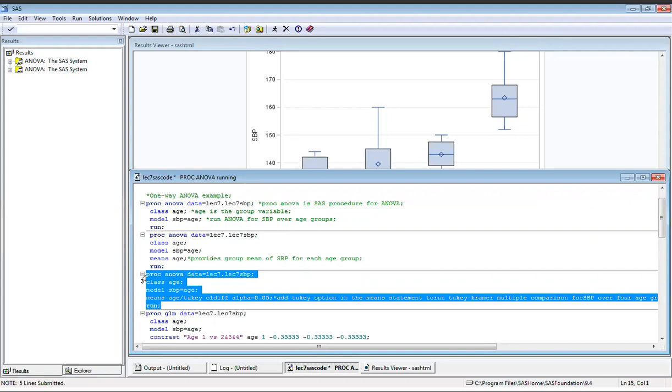So remember, at ANOVA, we reject the null hypothesis and believe the means of systolic blood pressure are not simultaneously equal across the 4 age groups. So that means at least one pair of the group comparison will have a significant difference.